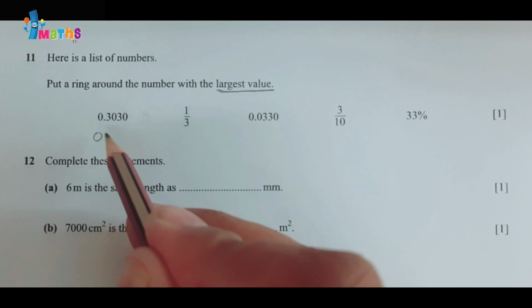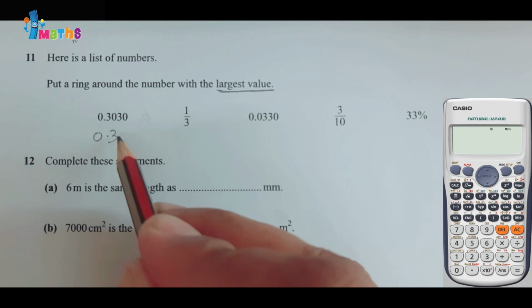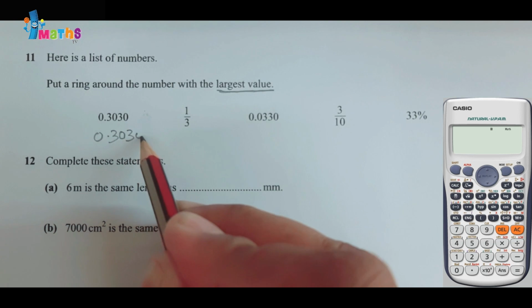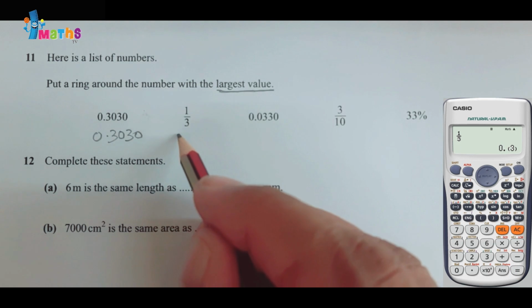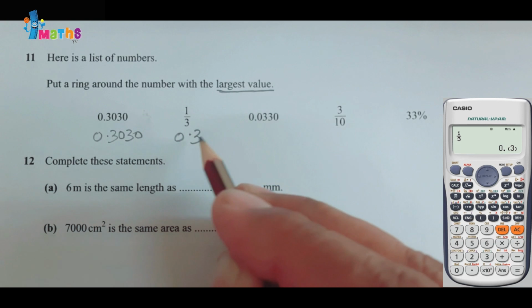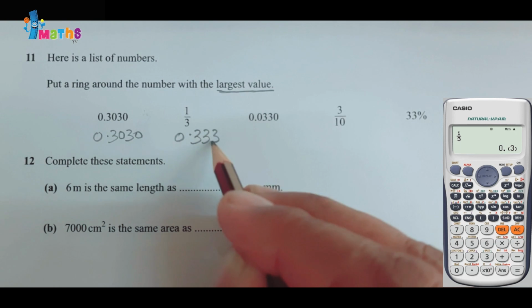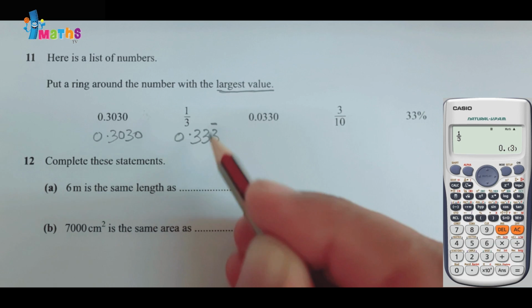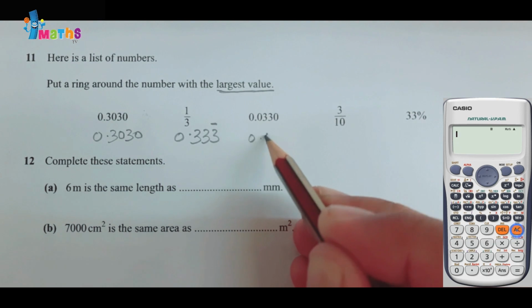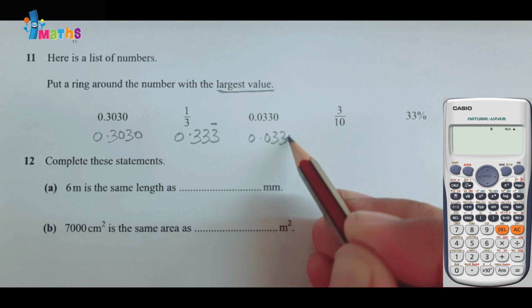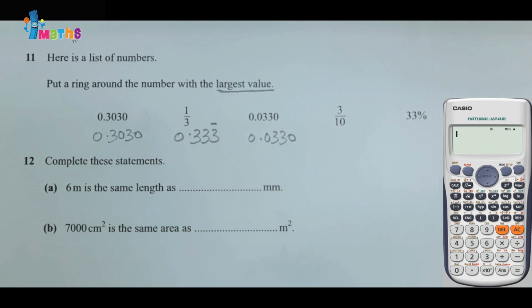This first number is already in decimal, 0.303. 1 by 3 we can convert with calculators. 1 divided by 3 will be 0.333, which is recurring. So I'll put the recurring symbol, and the next number is 0.330, which is already a decimal number.